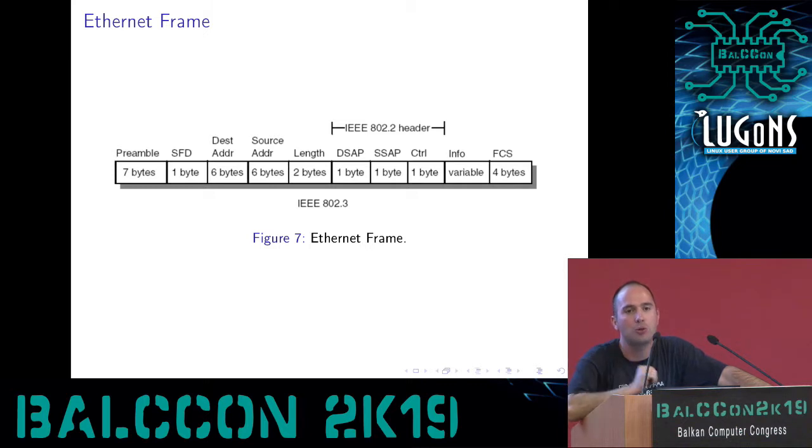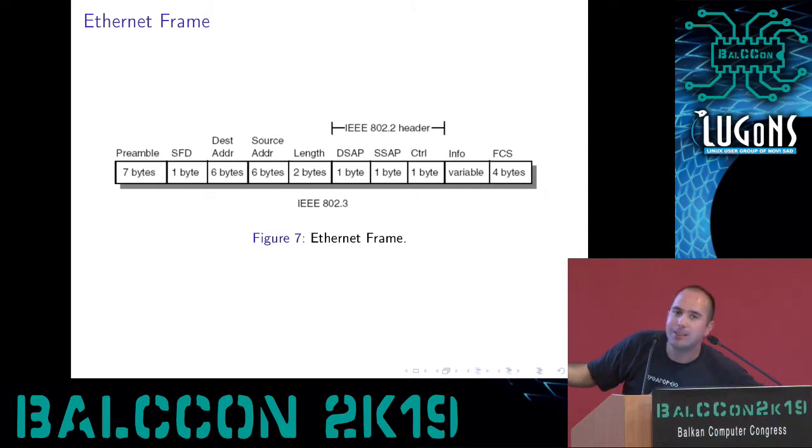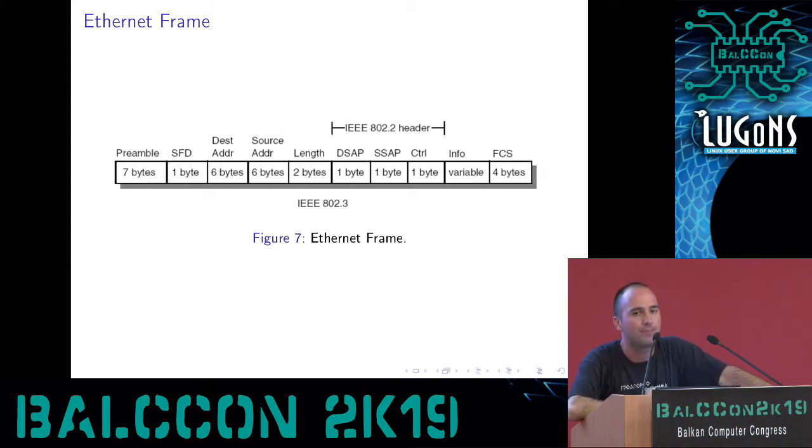This is an Ethernet frame. What we want to notice is that after some synchronization data, we can find the destination MAC address and source MAC address, and somewhere along the way, we'll find the data itself. What is usually the content of this field here?